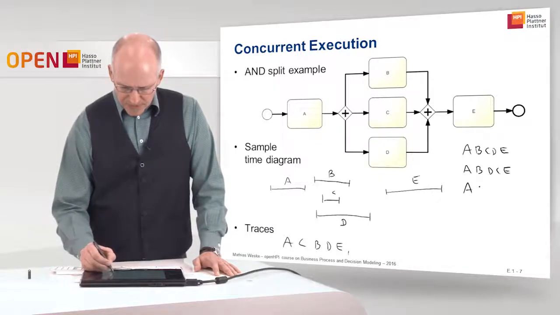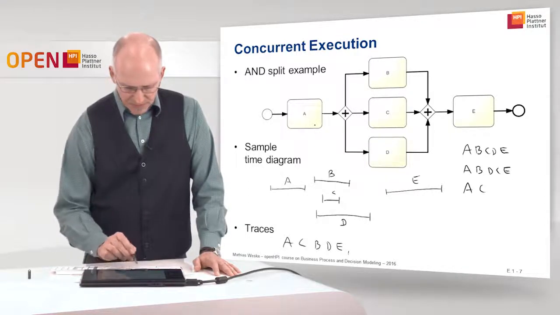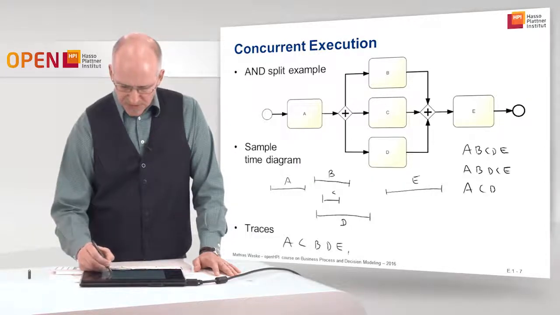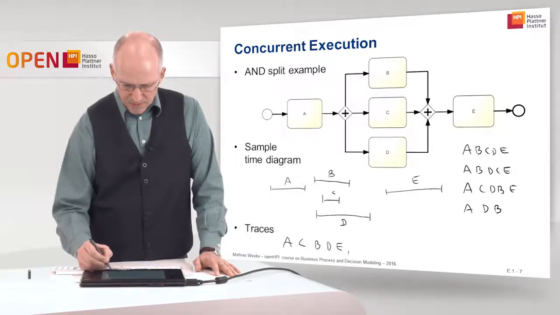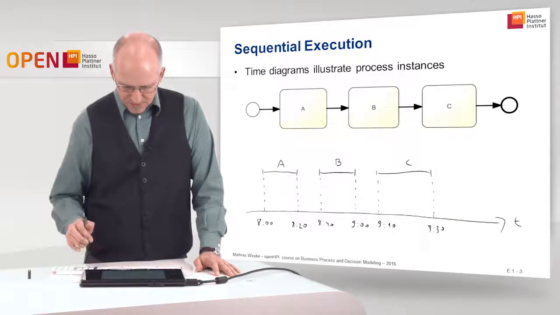Okay, we can have AC, first A, then C, and then we have BD. We had this already. But we can also have DB, and then we have AD, and we can have BC. But we also can have AD, C, oh, sorry.